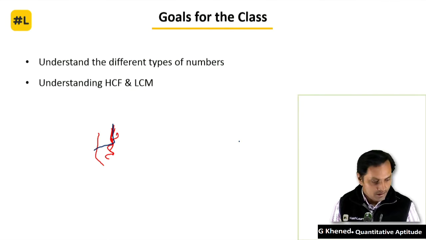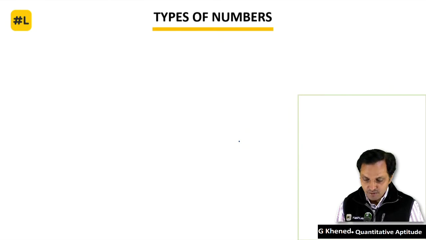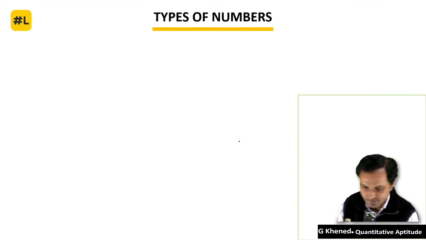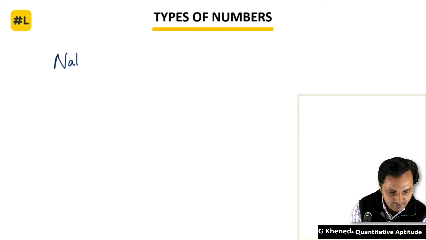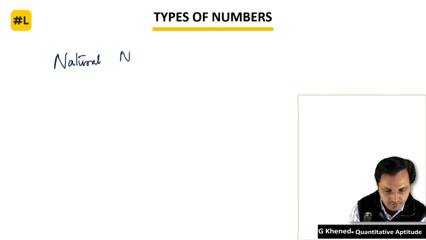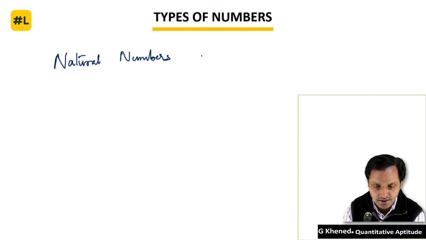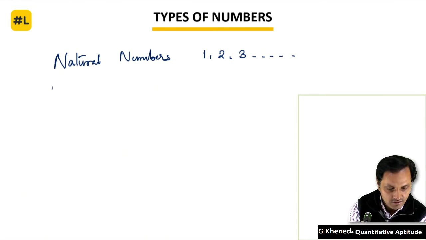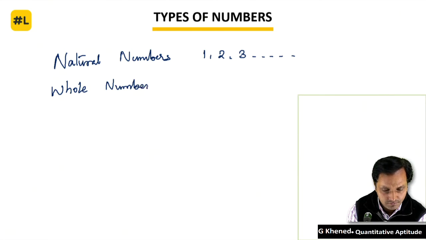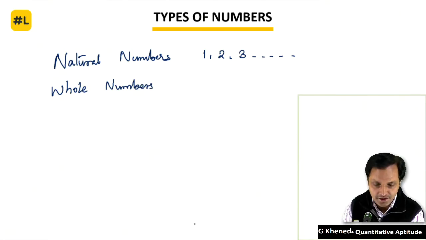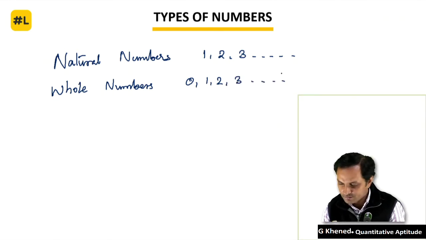Yeah. So, you all have learnt in your high school what are the various kinds of numbers. You have natural numbers, starts from 1, 2, 3 goes on. Then you have whole numbers. Whole numbers starts from 0, 1, 2 goes on.